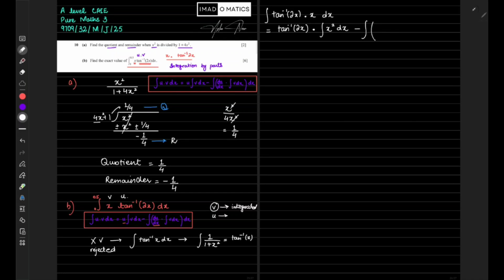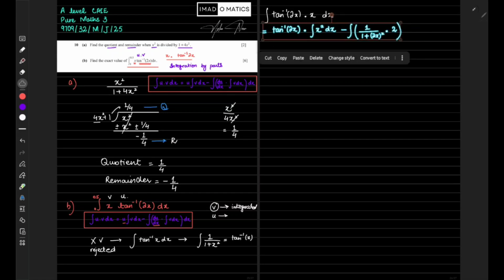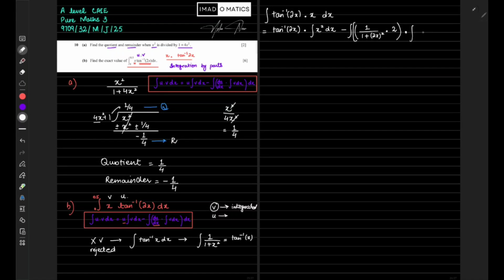The derivative of tan inverse of x is 1 over 1 plus x square, so here x is 2x, so 1 over 1 plus 2x square times the derivative of 2x, that will be 2, and then lastly times the integral of again the v, and the v is actually x dx, and whole dx for this bigger integral also.